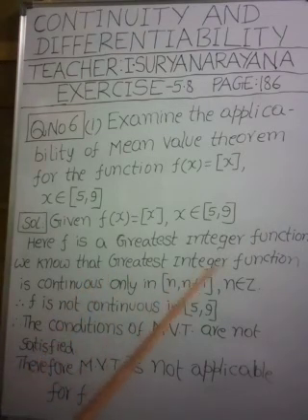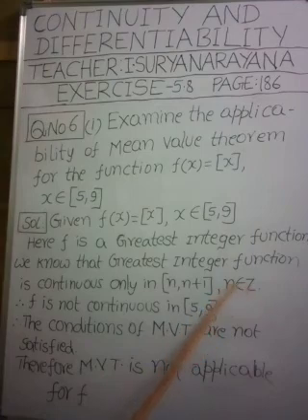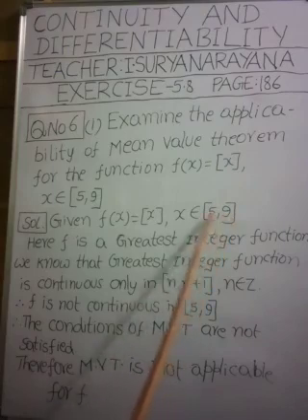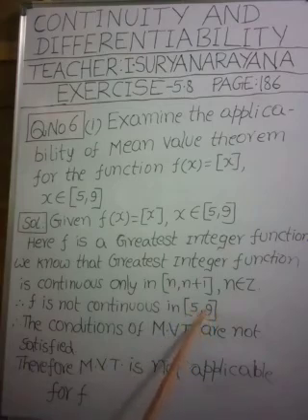These 2 numbers should be successive consecutive integers. But if you observe these numbers, they are not consecutive numbers. Therefore, f is not continuous in the interval 5 comma 9. Understood this step?